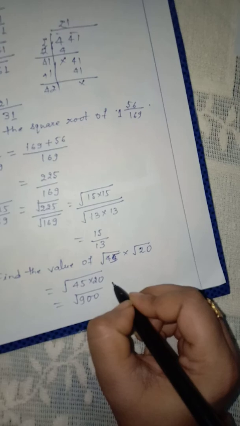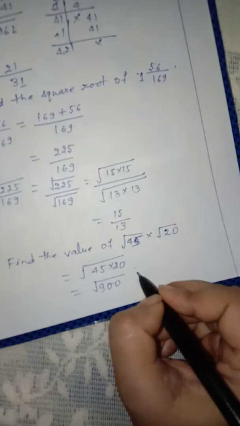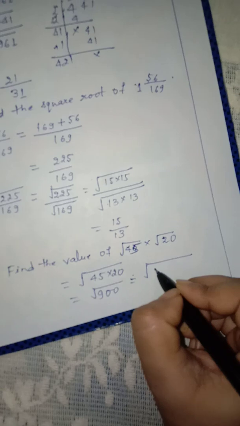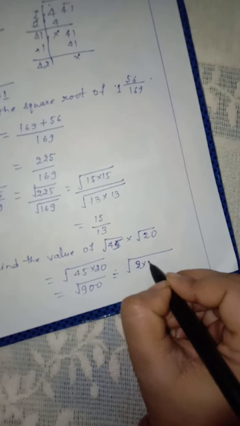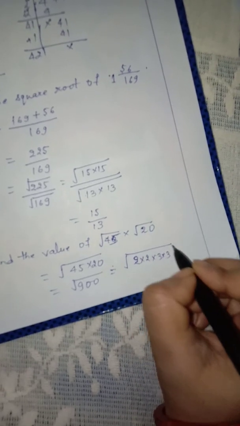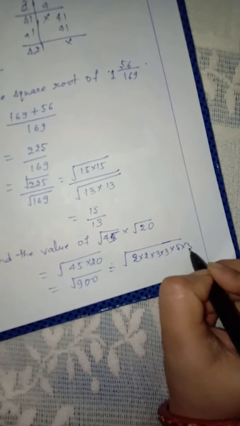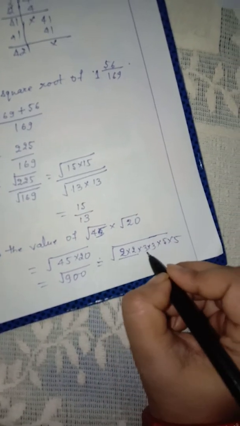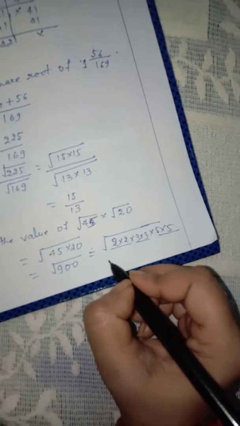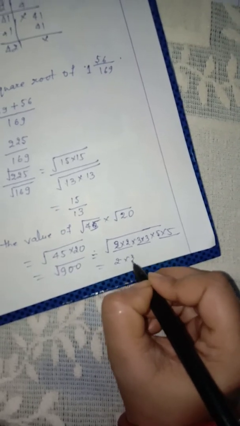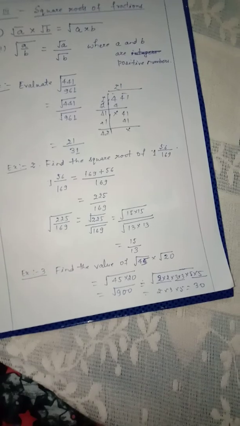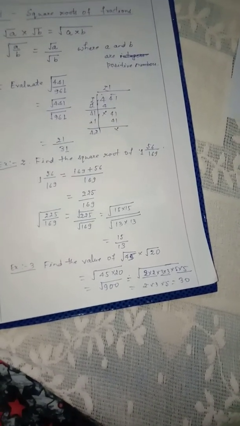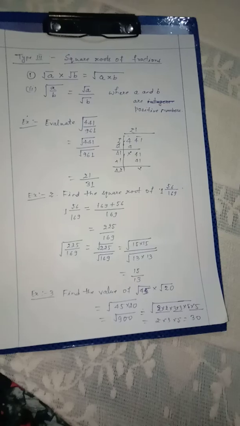By the long division method or the prime factorization method, we can easily find its square root. This is 2 into 2 into 3 into 3 into 5 into 5. Here 2, 3 and 5, all numbers are in pairs, so this is 2 into 3 into 5, which is 30. So root 45 into root 20 is equal to 30. Thank you.